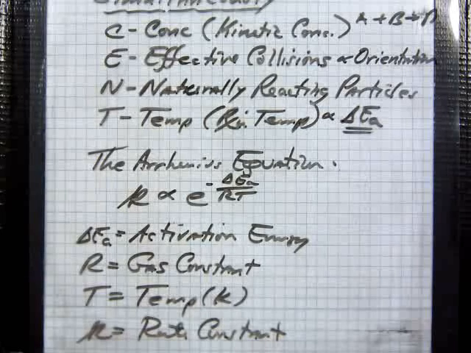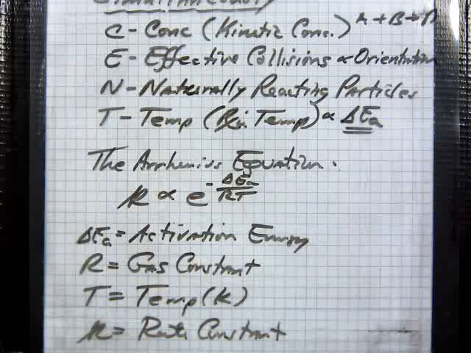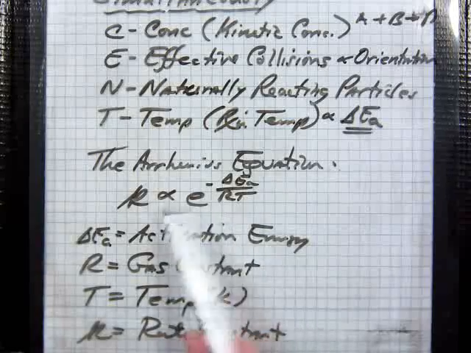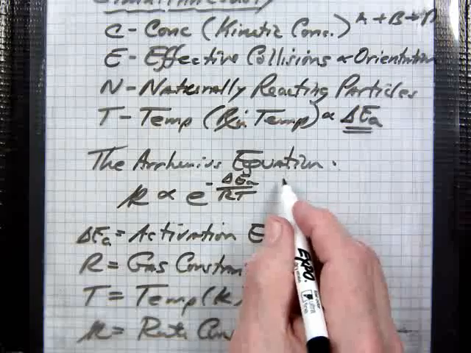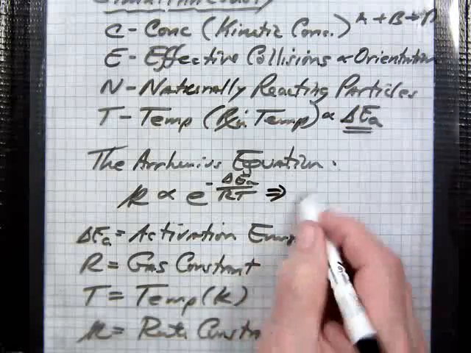Now, a specialty equation evolves out of this, called the Arrhenius equation also, where this is set equal to K equal to A times e to the minus delta E over RT by inserting a proportionality constant.